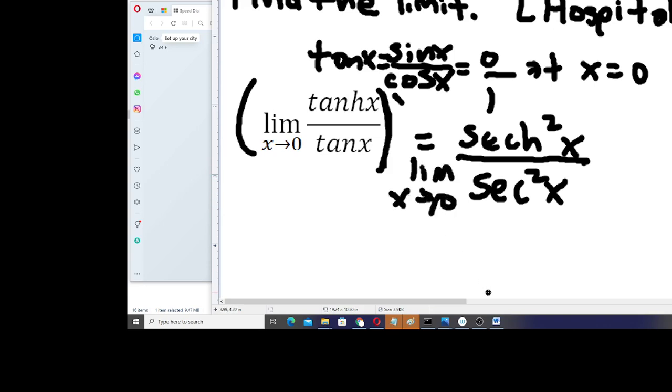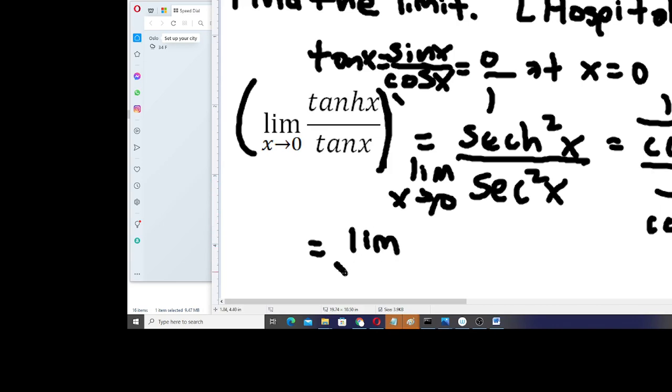So if we apply the limit now, hyperbolic secant is equivalent to 1 over hyperbolic cosine squared x, and regular secant would be 1 over cosine squared x.